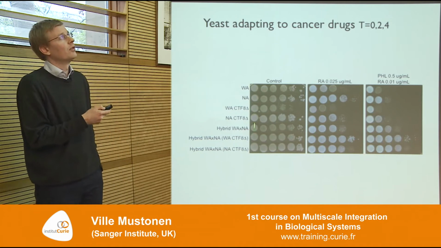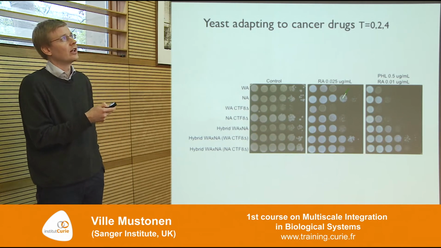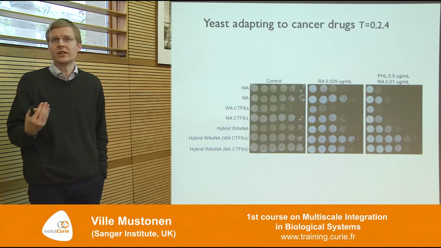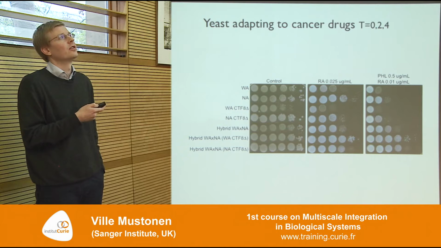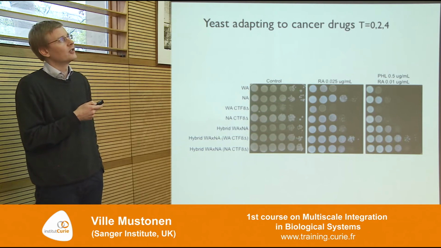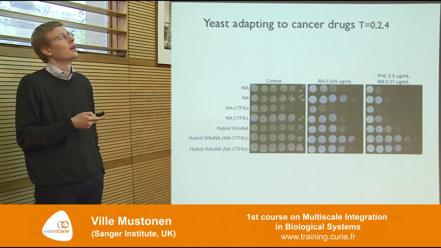So you have tenfold dilutions of the cells, and you see just how far they grow. So this is semi-quantitative. We are now doing actually quantitative phenotyping related to this study. But here you can see that in this combination, the CTF8 gives you resistance. It grows then further than in the other combinations.